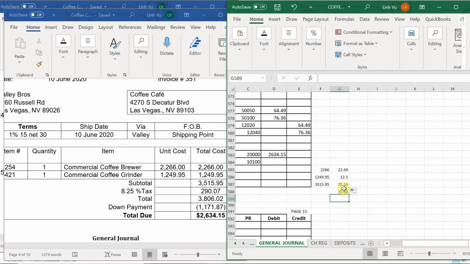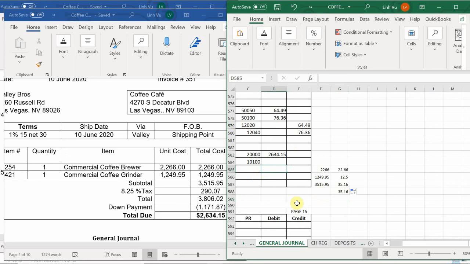Because it's a percentage, it's based off the actual selling price of the item and is individualized. So I have a $22.66 discount on the coffee brewer and a $12.50 discount off my coffee grinder.